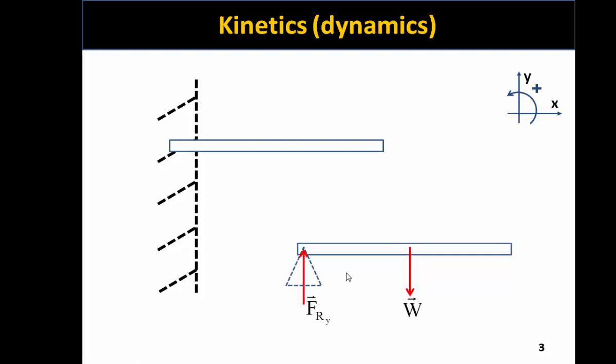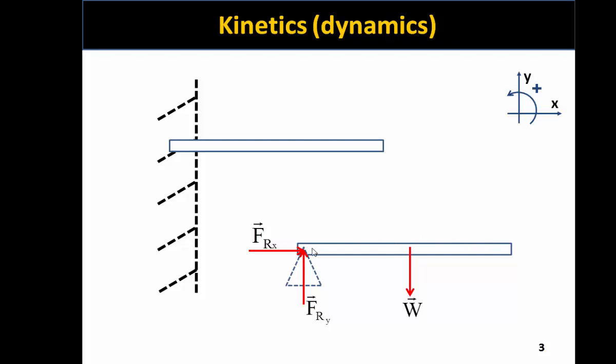Now, the reason it can prevent those types of pure translations is because the external contact will restrict that by applying a reactionary force in the y direction, and it will apply a reactionary force in the x direction as well. Now, we're going to contrast this with the same system of interest, the rigid bar.